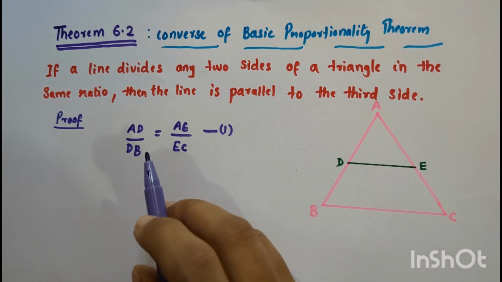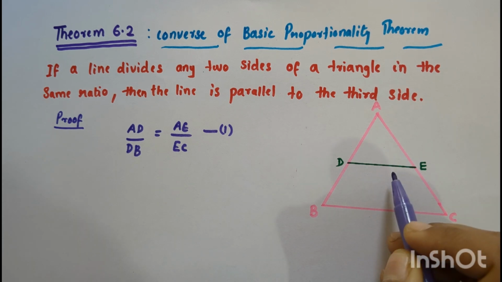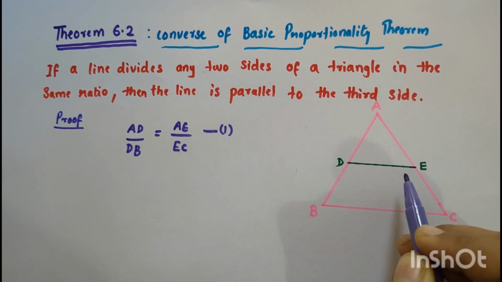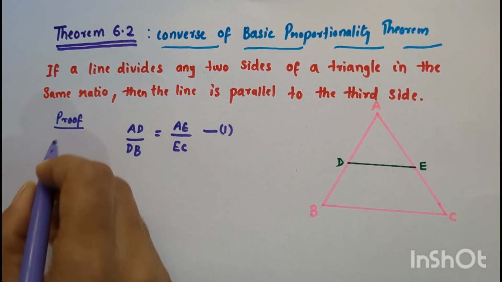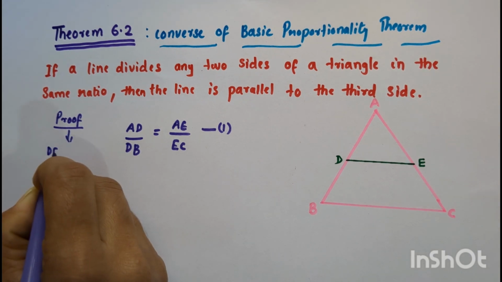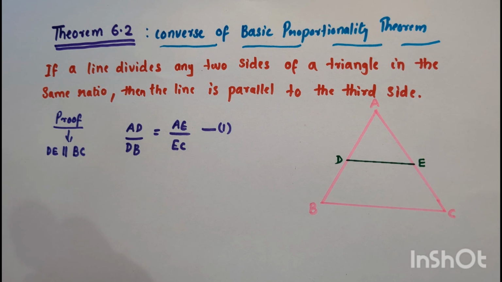If it is so, as per the theorem, this line DE should be parallel to the third side, which is BC of this triangle. That is what we want to prove.